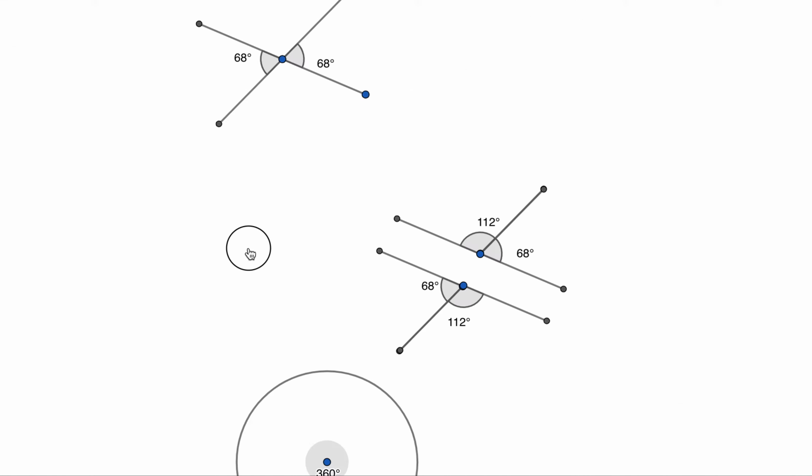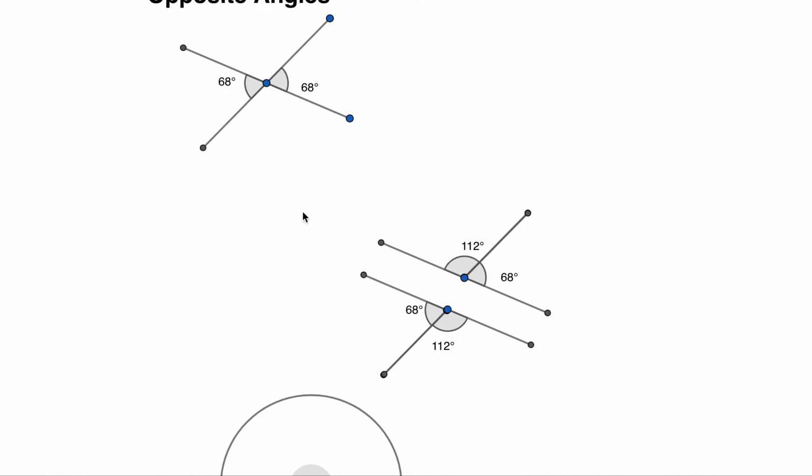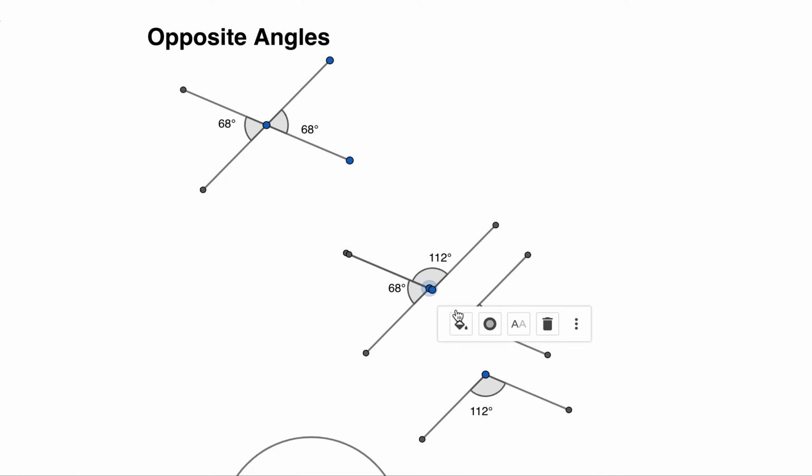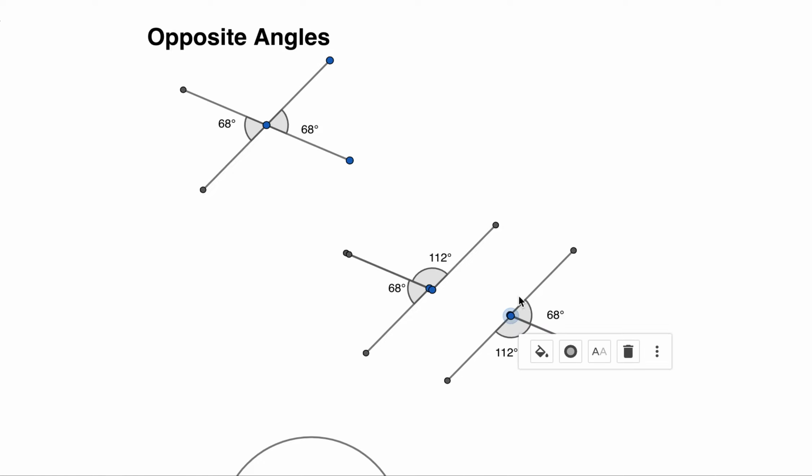So when we have two lines crossing like this, we know that there are going to be supplementary angles beside each other, right? And I could do the same thing with these two angles here and these two angles here. These also would be supplementary angles because these add up to 180 and these add up to 180.